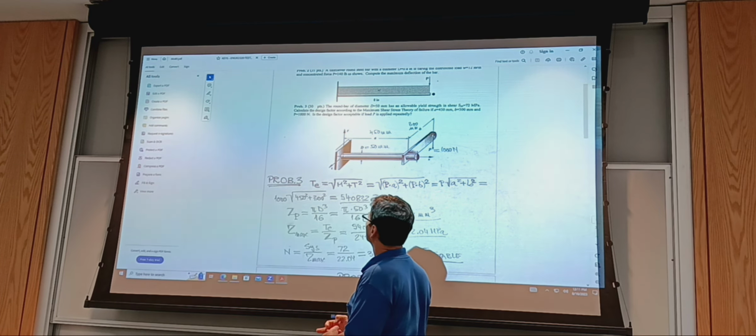The solution that you see here is by using the equivalent torque from the book. So torque as induced by P is P times V, that is 300 millimeters, and bending stress at the support is P times A, okay? And then using the equivalent torque, you can calculate the maximum shear stress.